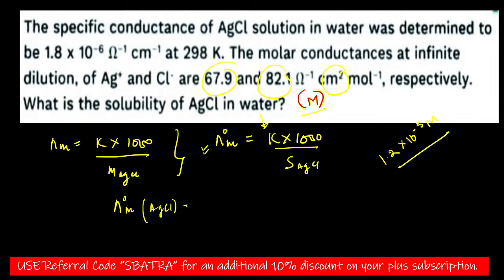So how can we find out this value? What is the basic for this chapter? If you need to prepare conductance and electrochemistry from absolute basics, first read NCERTs. NCERT is very good for all these physical chemistry chapters.